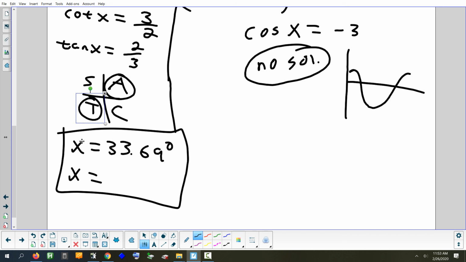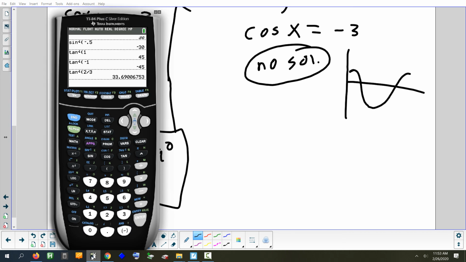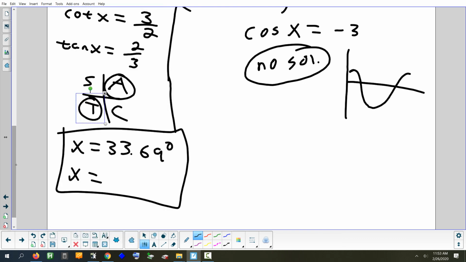So it's not, Nikira? 180 plus the reference. Yeah, it's always 180 or 360. So this one is 180 plus your reference angle. So it's 213.69.